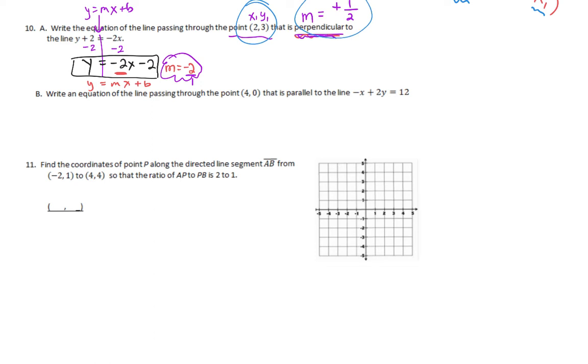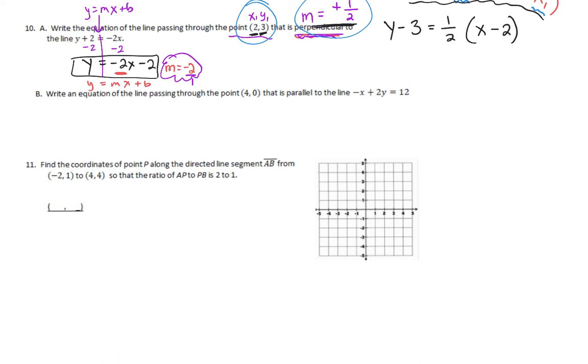So our answer is going to look like y minus y1, there's y1 right here, equals m, there's m, our new slope is a positive 1/2, x minus x1. So now it's in point slope form.